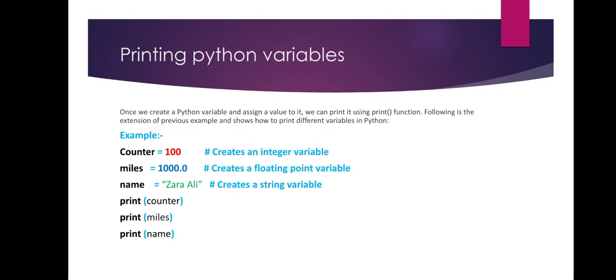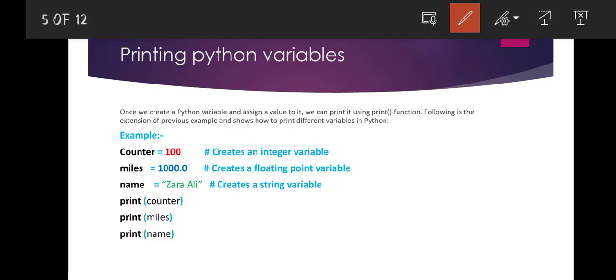In the last step we were only creating Python variables and assigning values to them. Now the task is to print those values. So in the extension of that program we are using the print function.